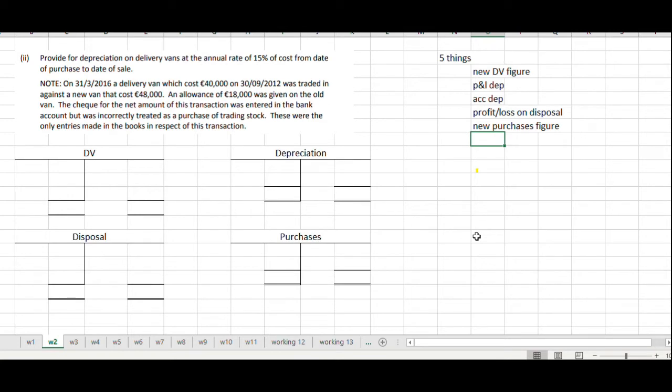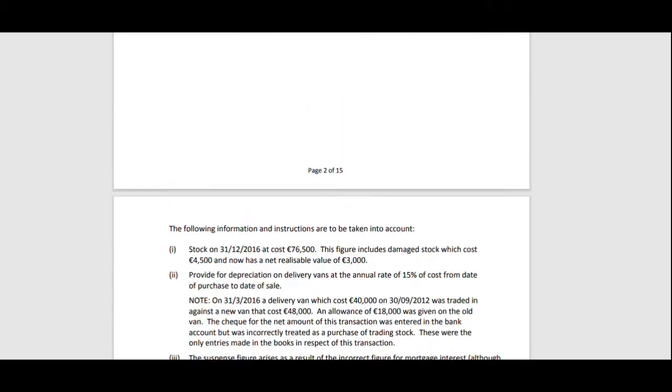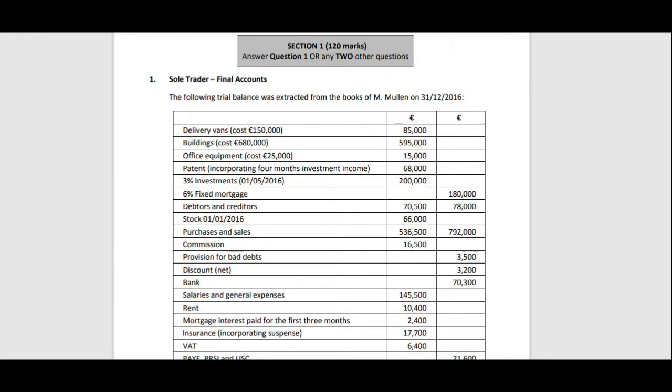First of all, we start with the opening balances of what we know. If we go to the question, the trial balance, up here we have delivery vans that cost 150,000 and trial balance figure 85,000. So that tells me cost 150, I'm going to put that in. Depreciation is the difference between these two numbers, which is 65,000.